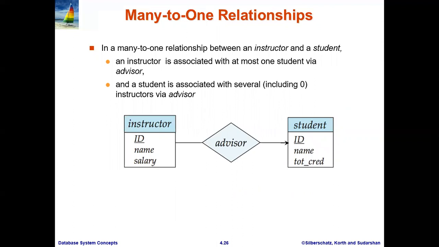Next is many to one. Here in this case, as an example, we take that an instructor is associated with at most one student via the advisor relationship set, and a student is associated with several instructors via advisor.